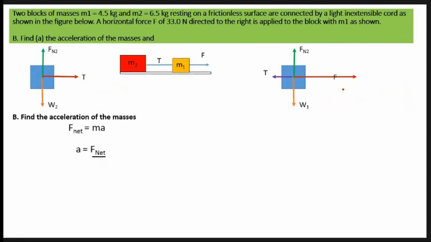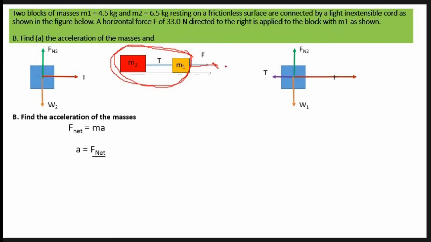So the solution for this is we will apply the second law of motion to the entire system. This is the entire system, and this would be now the net force.